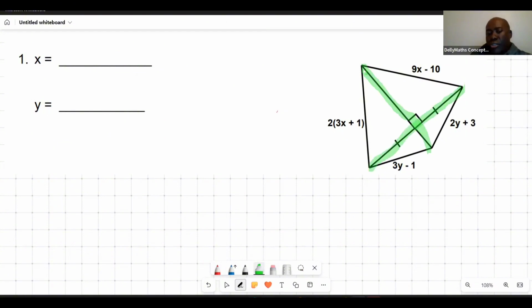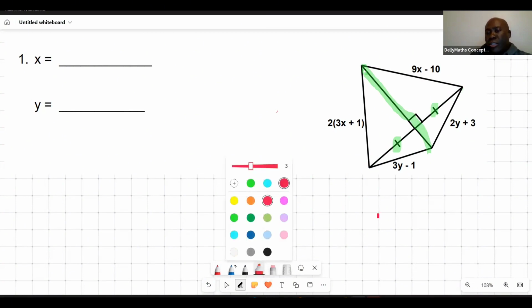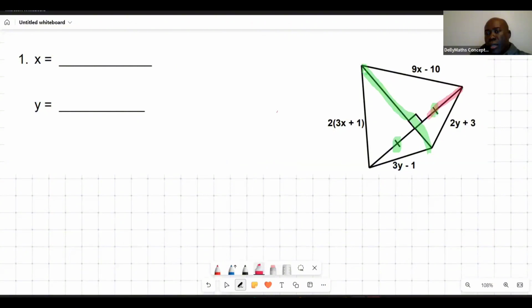The notations on the line suggest that the two lines are of equal length, so the perpendicular bisector cuts this line into two equal pieces. Because it did that, we have enough information to solve the problem, because when a perpendicular bisector cuts through a triangle, it's going to create congruent triangles.